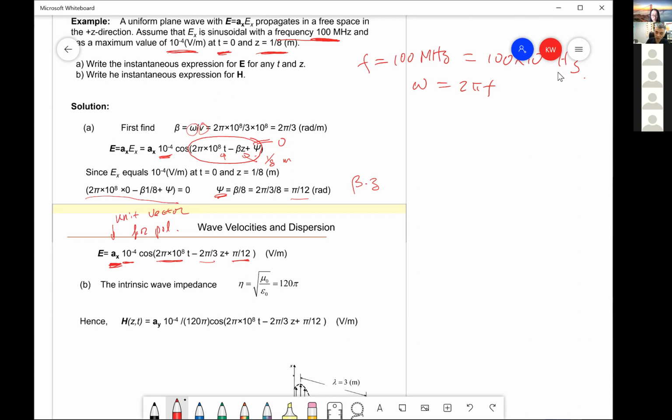And if you know the electrical field, we can calculate the intrinsic wave impedance. Then we know the magnetic field. Of course, in this case, we must know the direction of wave propagation. E cross H is the propagation direction.